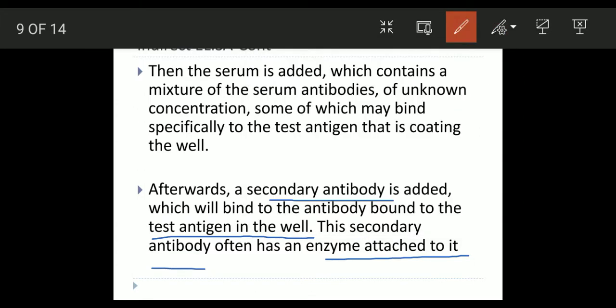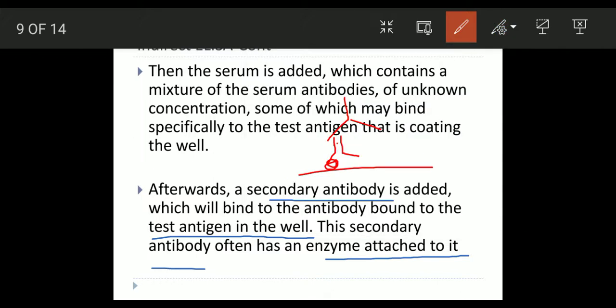Here, guys, you can see. Suppose this is the plate. This is our antigen. Here, at first, the primary antibody will bind. This is our primary antibody. And later on, the secondary antibody will also bind, and it will bind like this. Suppose this is the secondary antibody.